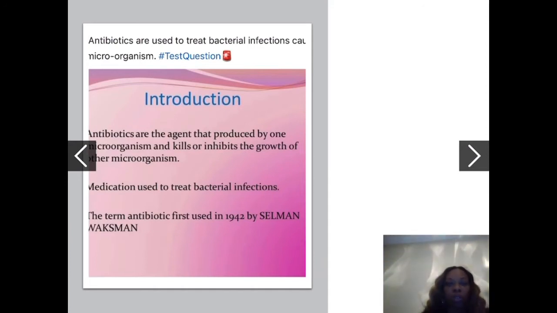Antibiotics are used to treat bacterial infections caused by microorganisms. Antibiotics are agents produced by one microorganism that kill or inhibit the growth of other microorganisms. It's a medication that's used to treat bacterial infections.